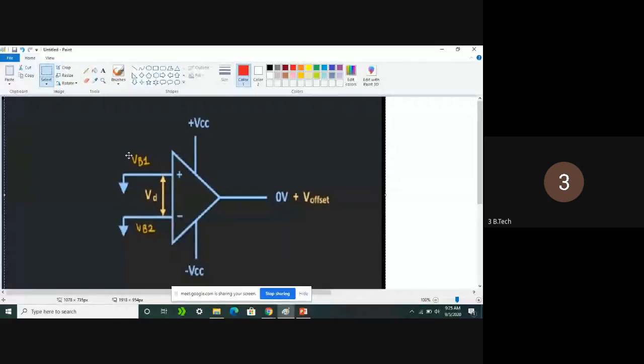Everyone will get the screen. Non-inverting opened. Again non-inverting. Yes, sir.